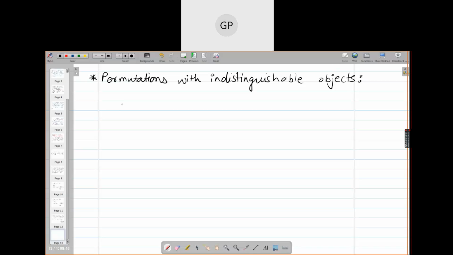Now if I write the word DEAR, then in how many ways can you arrange the letters of the word DEAR? There are 4 letters and 4 places. First place has 4 choices, second place has 3 choices, third place has 2 choices, and the last place has 1 choice. So there are 4 factorial ways. You can have 4 factorial permutations, that is arrangements of these letters.